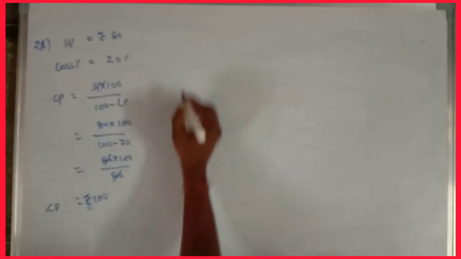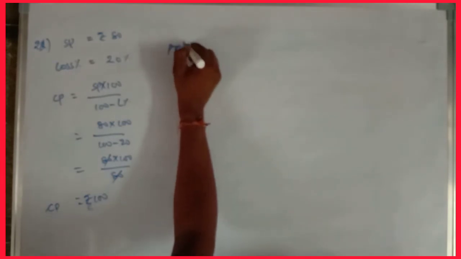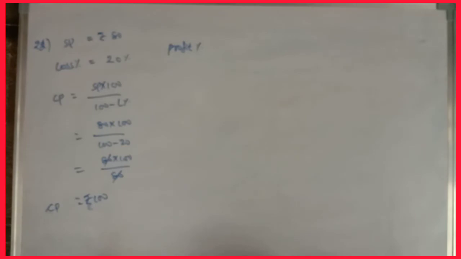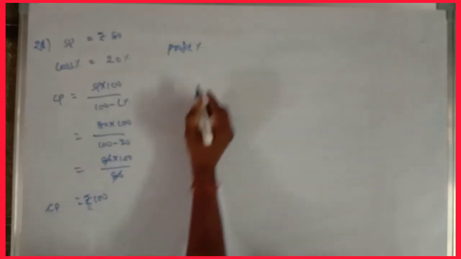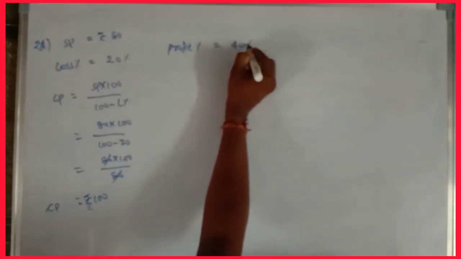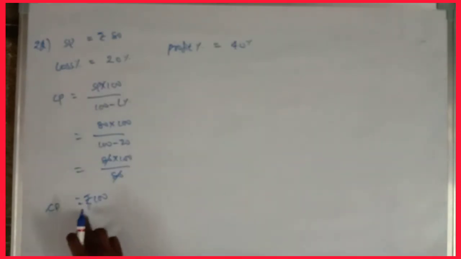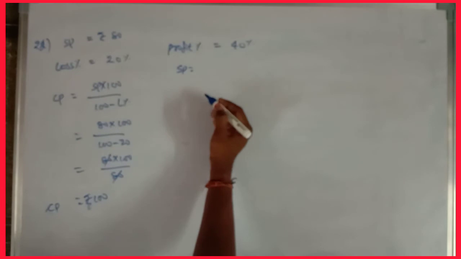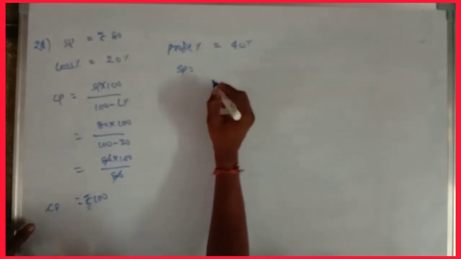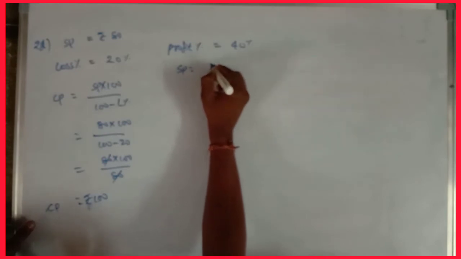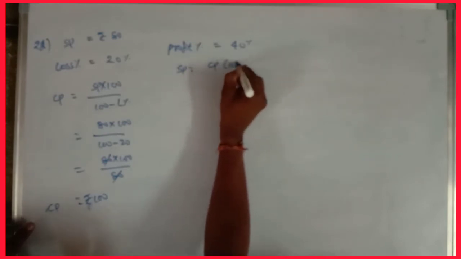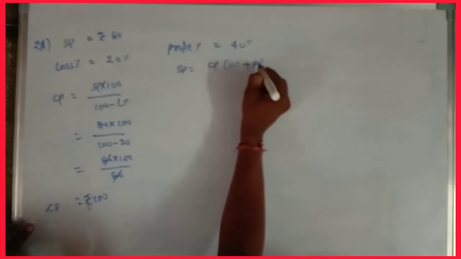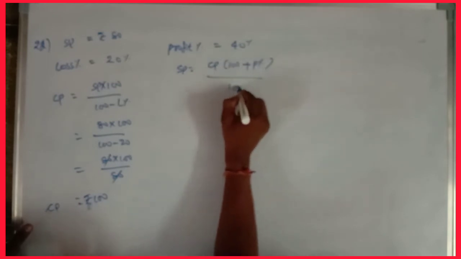Now I have to calculate with the profit given. How much percentage is the profit? With this cost price, the profit percentage is given as 40%. Then how much does the person have to sell this for? That is SP is equal to CP into 100 plus profit percentage by 100.